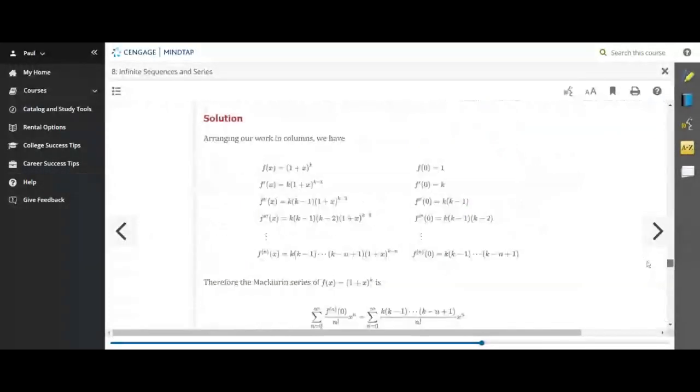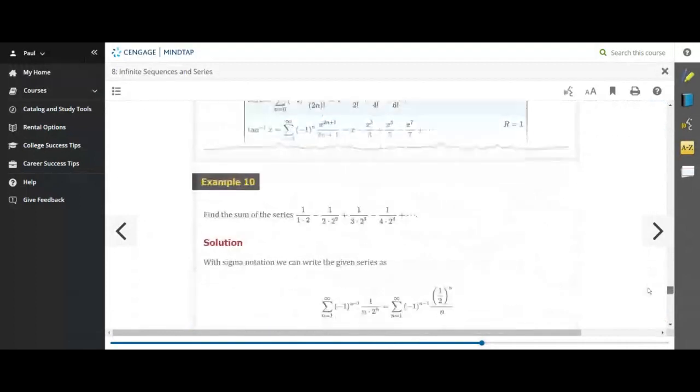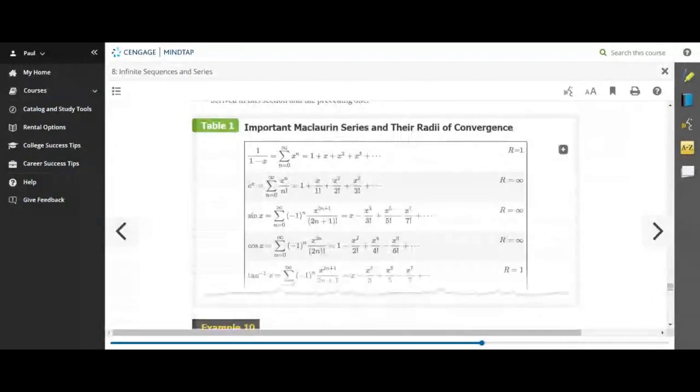Let me find it here. The book has a lot of nice examples. So the table shows the Maclaurin series for e to the x power. And let me just go to the whiteboard real quick here.